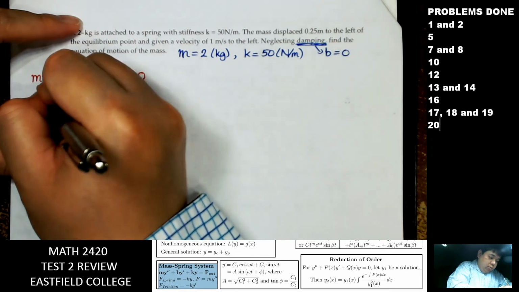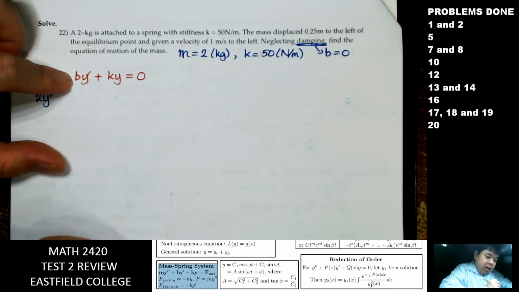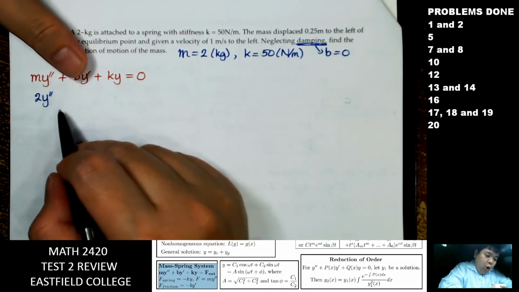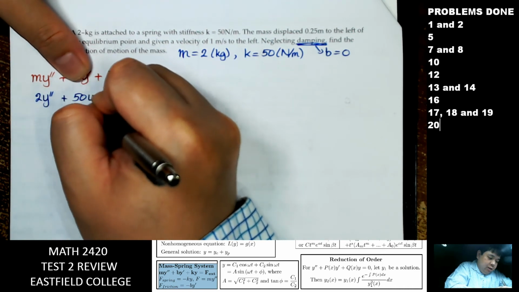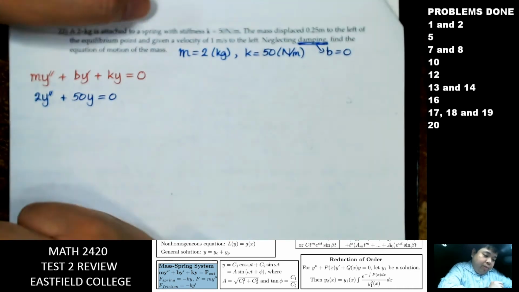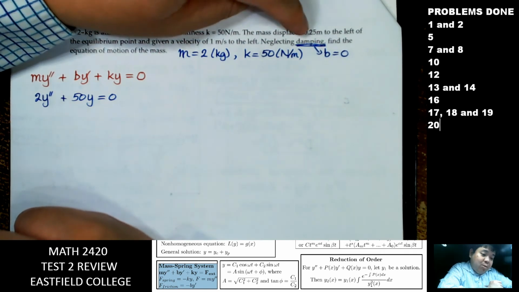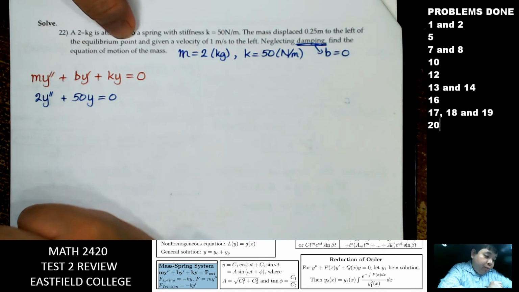We have 2y double prime, no damping, so no b, k is 50. And the mass is displaced 0.025 to the left of the equilibrium.